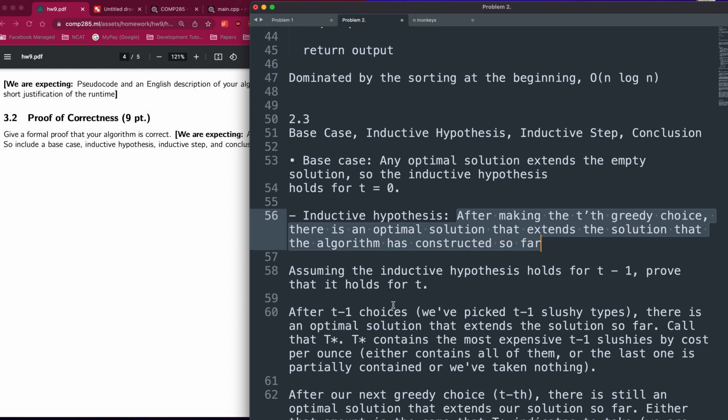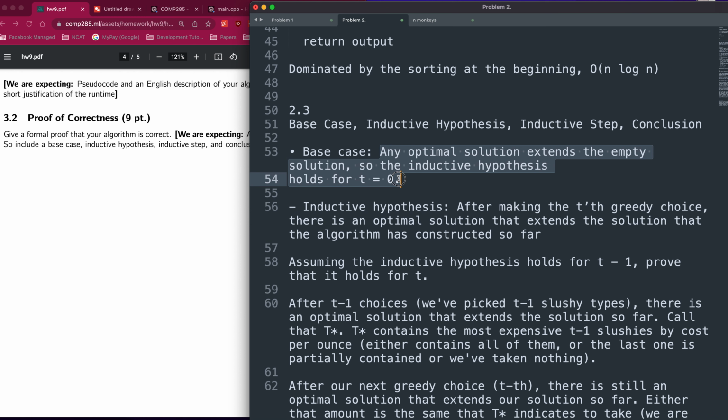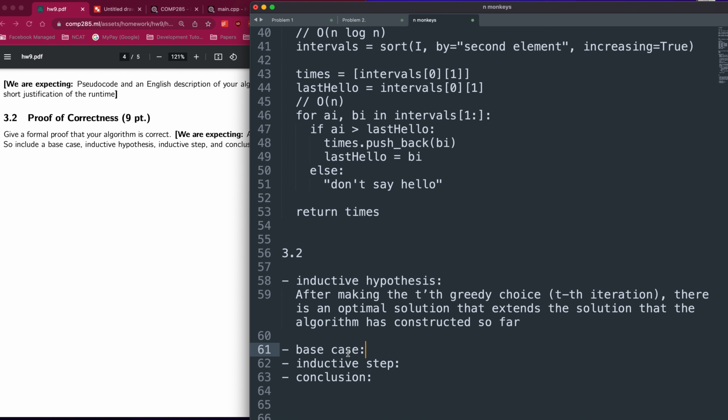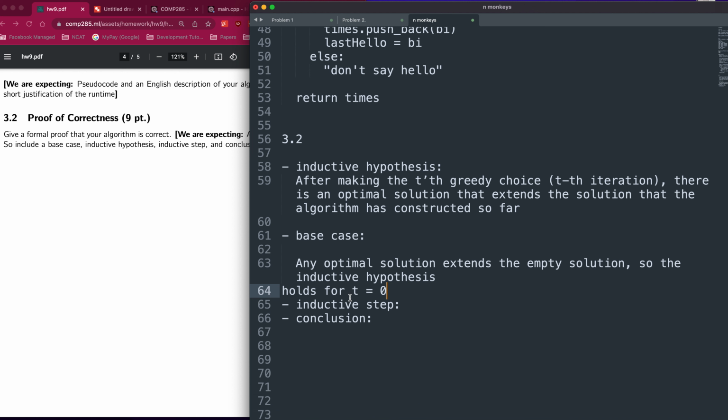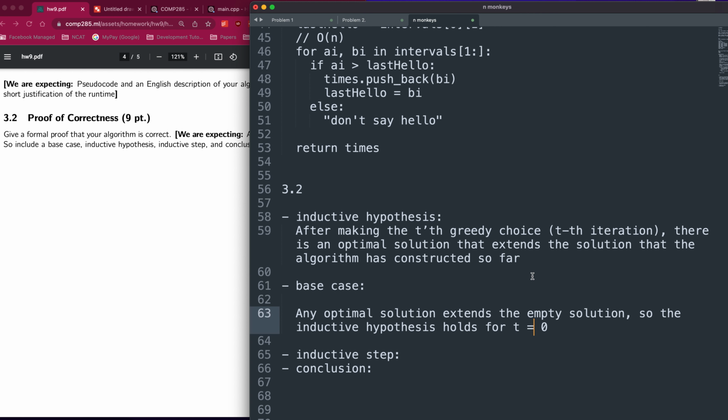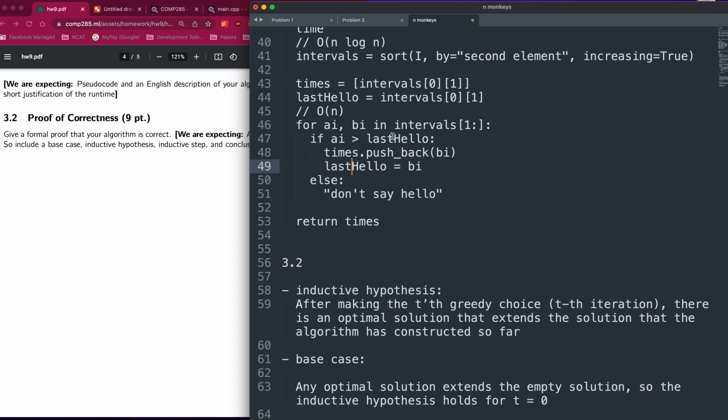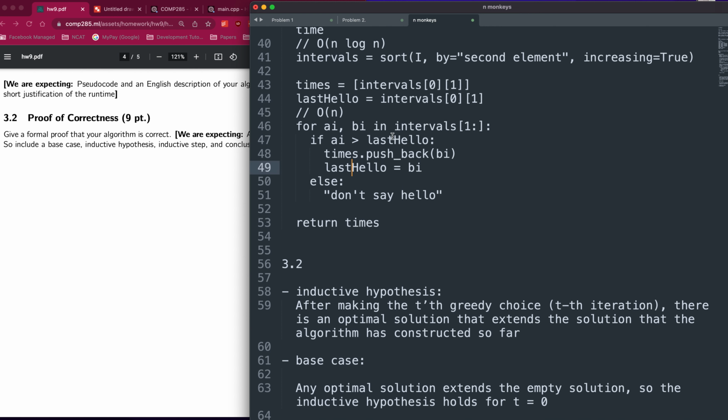So for the base case, this is exactly the same as the base case from the previous one as well, which is, any optimal solution extends the empty solution because extending means you can add stuff to it to make it optimal. So the empty solution can always be extended to be made optimal, right? Because it hasn't ruled out a solution. So obviously this holds before we make any decision.